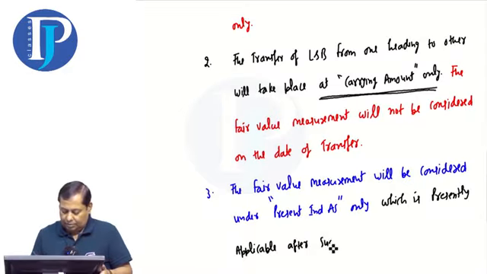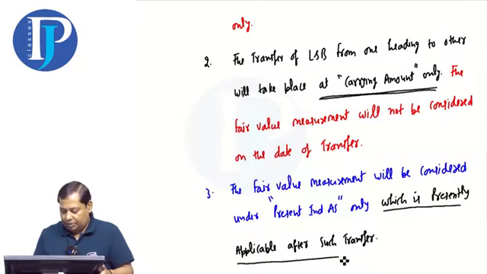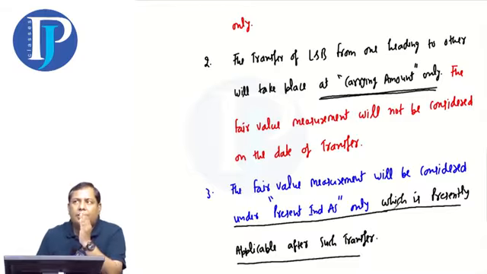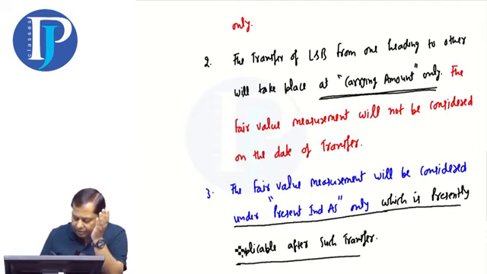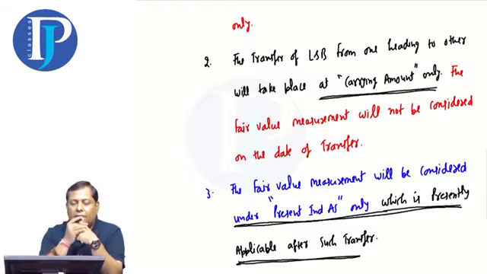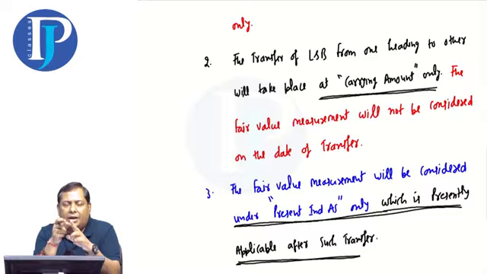After such transfer, after the transfer, we will count on the Ind AS that is presently applicable. We will only count on the present Ind AS. The present Ind AS will only be counted, that's it. The transfer is at carrying amount and no entry should be passed. Fair value measurement shouldn't be done. If needed, the Ind AS used after transfer will be applicable.